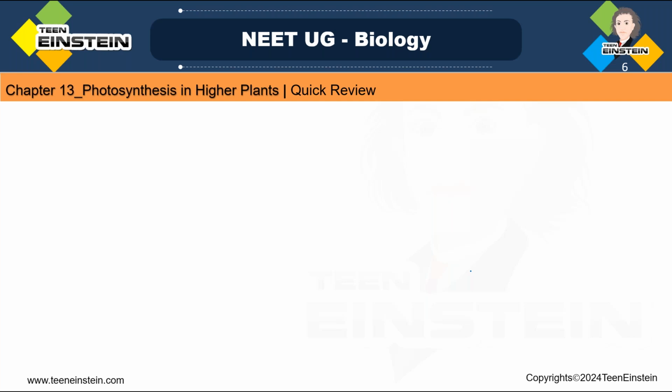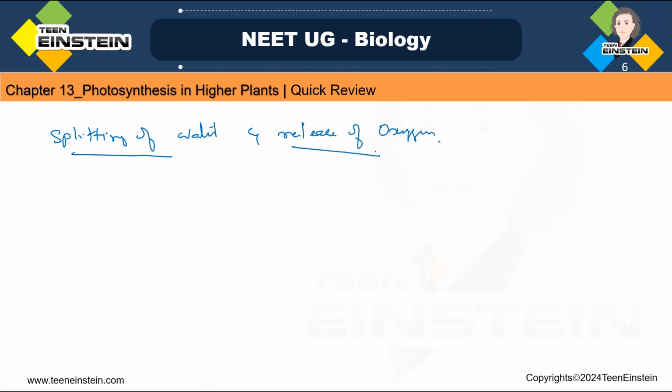Next is splitting of water or photolysis of water, and release of oxygen. These are another two events which are happening in the photochemical phase or light reaction.